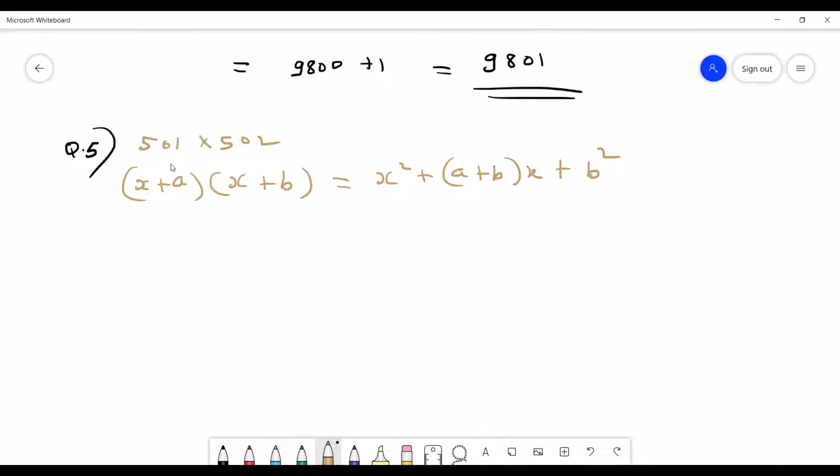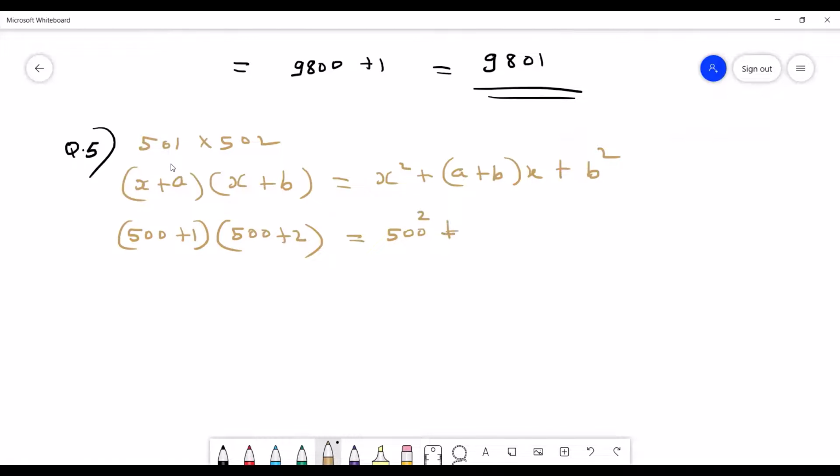In that way, 501 we can say as 500 plus 1, and 502 is equal to 500 plus 2. So this is now equal to x plus a into x plus b. So x stands for 500, so 500 square, x square.